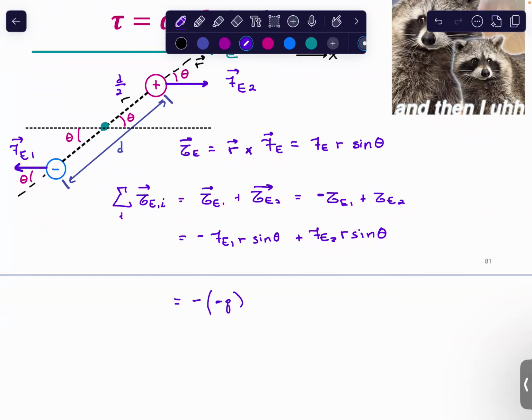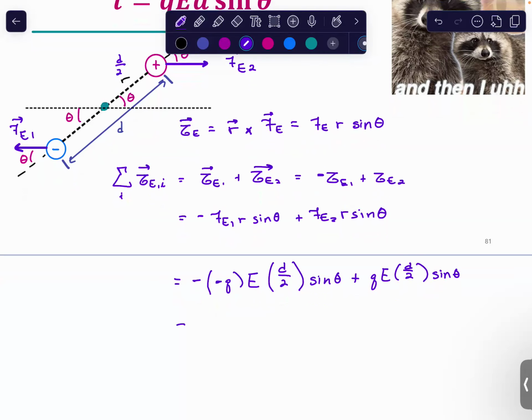Negative Q. Electric field, R, use your D over 2, sine of theta, plus, top one's a positive Q times E, D over 2, sine of theta. And so if I factor out all of the terms that stay the same, I get QE, D over 2, D over 2, sine theta.